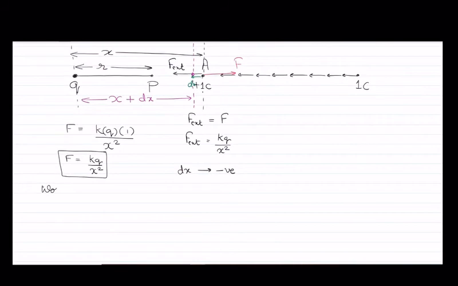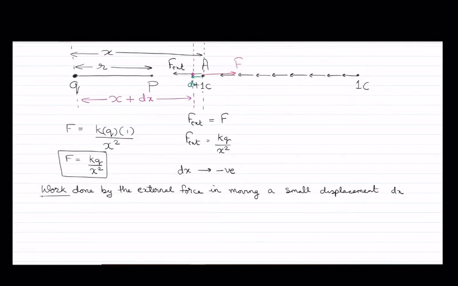So the work done by the external force in moving a small displacement dx, which we can denote as dW, will be equal to F external into minus dx, because we have already considered that dx is negative, into cos 0.